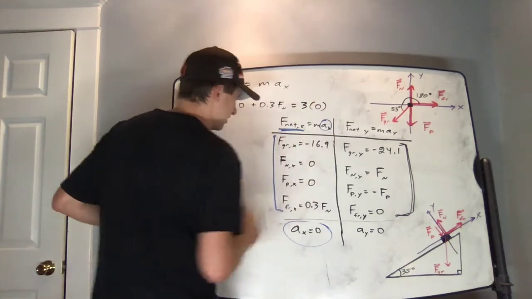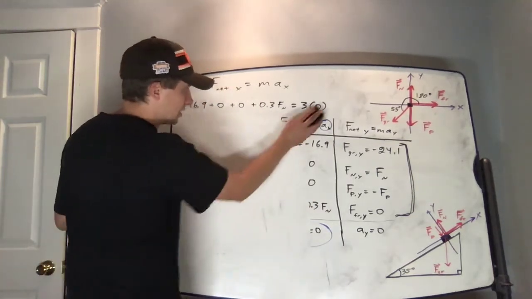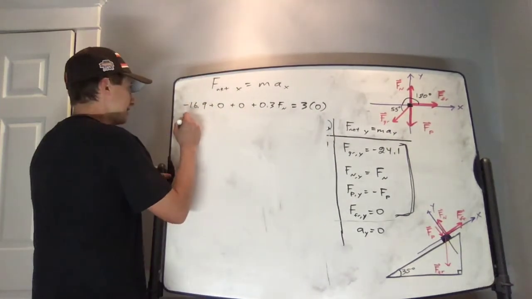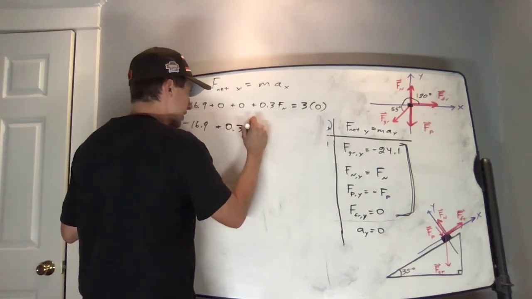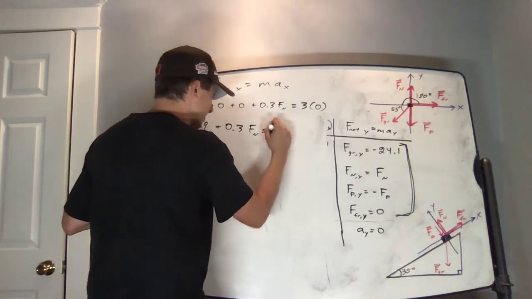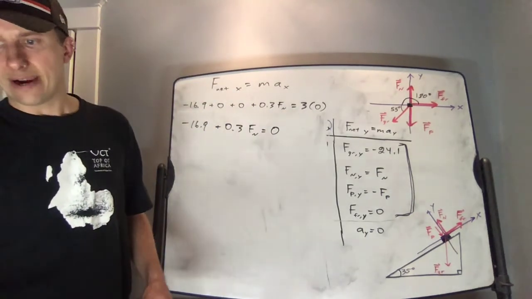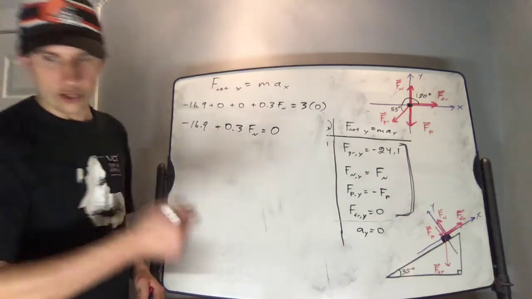The acceleration is 0. Now, at this point, I could go through the arithmetic of this, and I get negative 16.9 plus 0.3 Fn is equal to 0. And when I go and solve for the normal force, I find that the normal force is equal to 56.3.